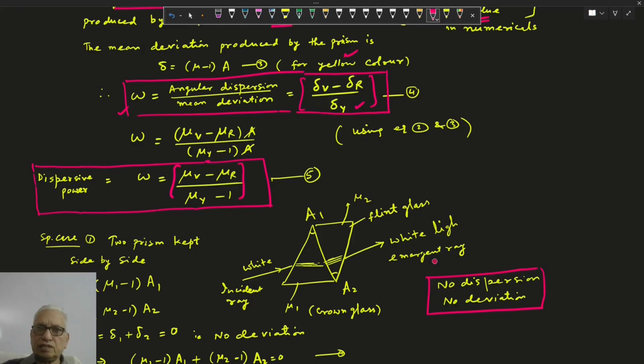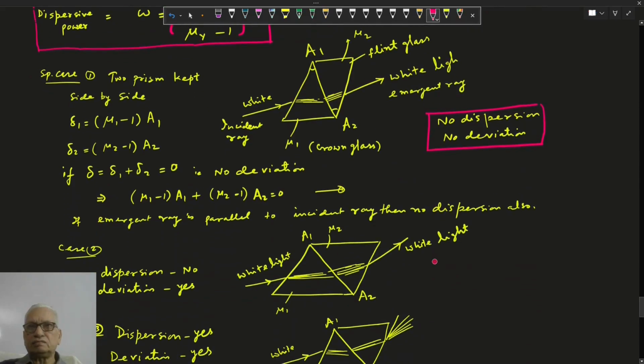There are some cases where we take two prisms side by side kept in opposite sides. White light is converted into a 7 color spectrum, and again they meet.